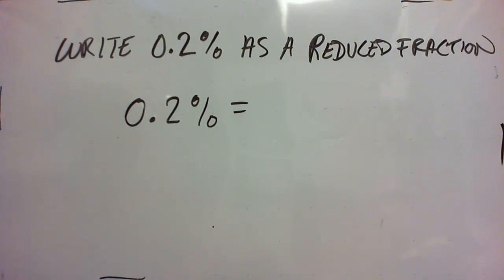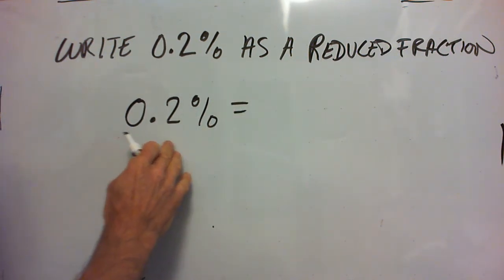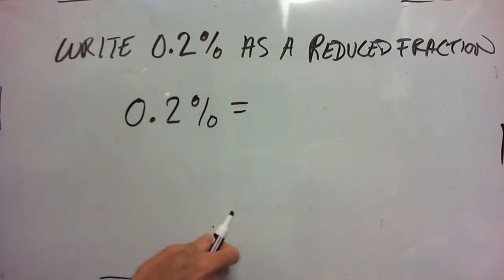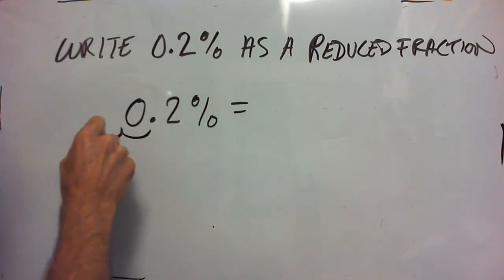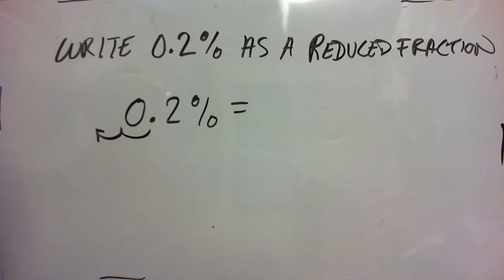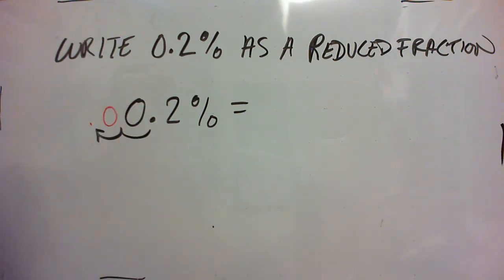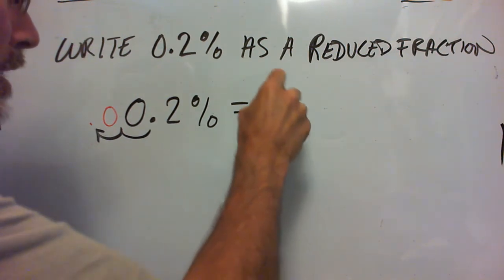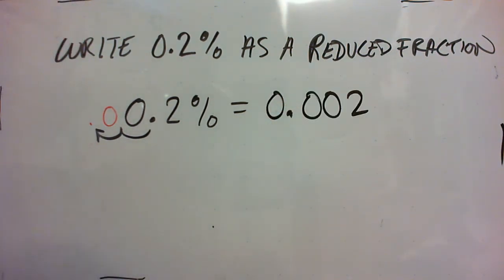And your first step here should be to rewrite this as a decimal. So we move the decimal point. If we move it to the right, we get a bigger number. Percent always has to be the bigger number. So we have to move it to the left. That means we're going to have to add a 0 placeholder. So we're going to get 0.002.